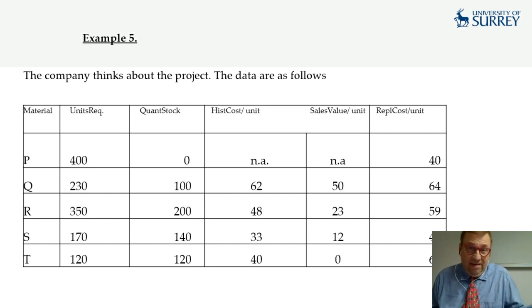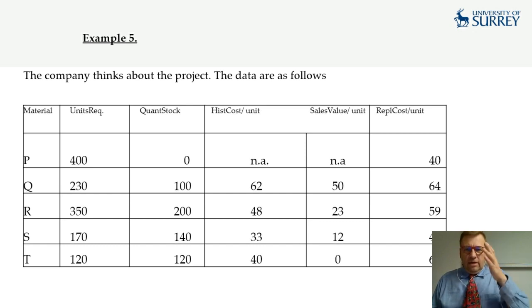But in other cases, we could establish a sales value at 50, 23, 12, and 0. So it looks like T has no sales value at all. When you are good managers, you see this might be some kind of problematic thing. We will see it later.